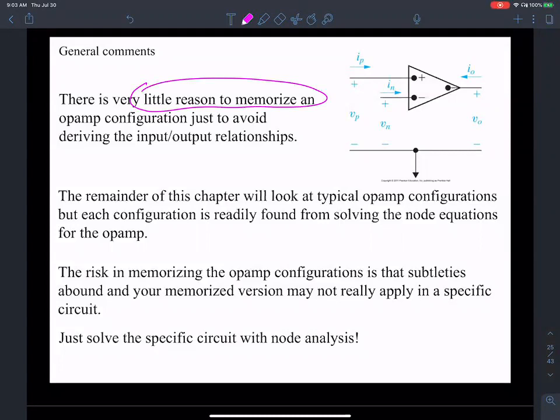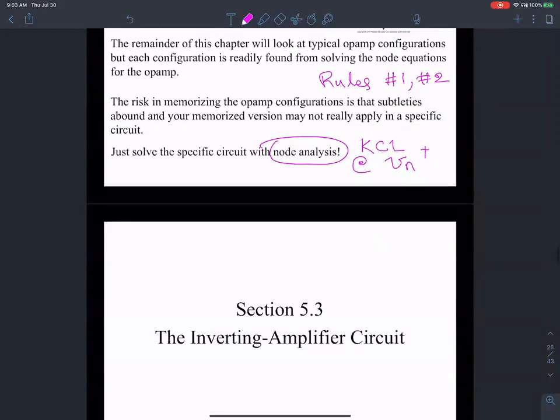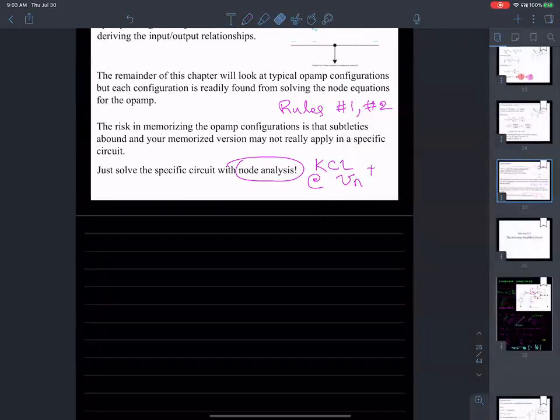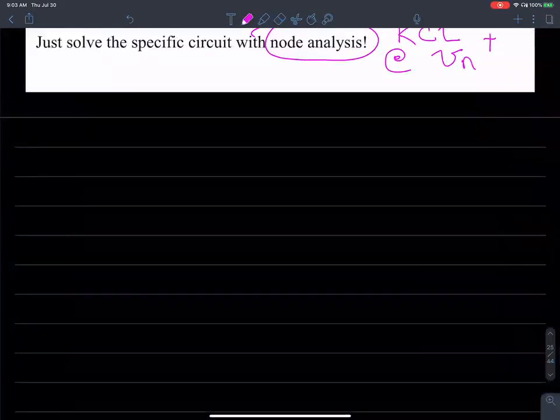We simply apply the node analysis, KCL, at node Vn, plus the rules. That's all there is to it. But once you solve enough problems, you'll end up in a situation where you cannot forget, even if you wanted to.